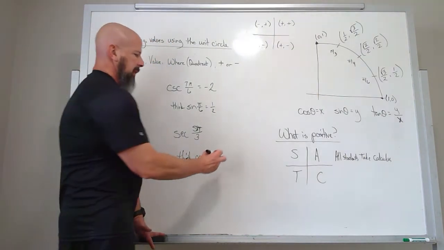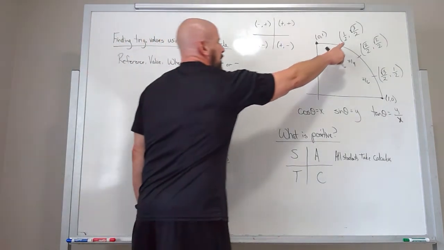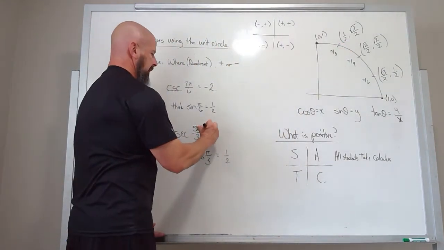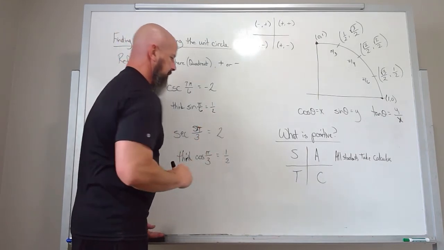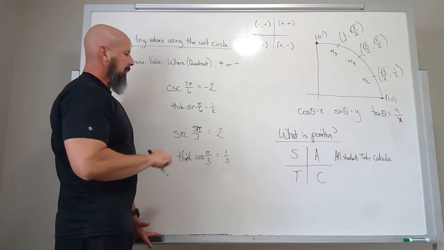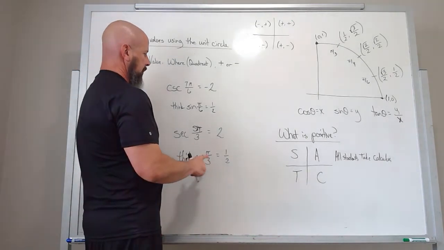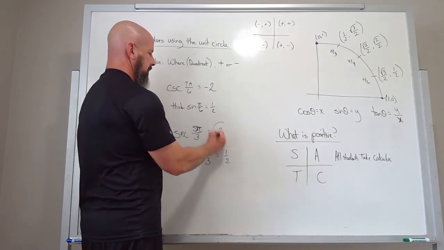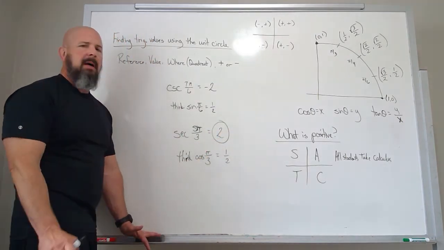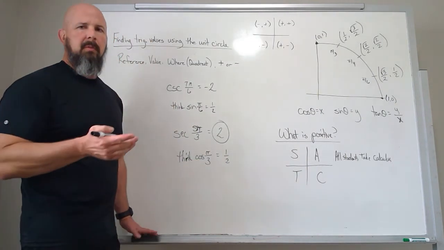So cosine of pi over 3 would be a half, which means the secant of 5 pi over 3 is 2. There's my value. Where am I? Well, I'm in quadrant 4. Cosine in quadrant 4 is positive, so the secant is positive. So again, use your base functions to help you when you get one of the reciprocals.